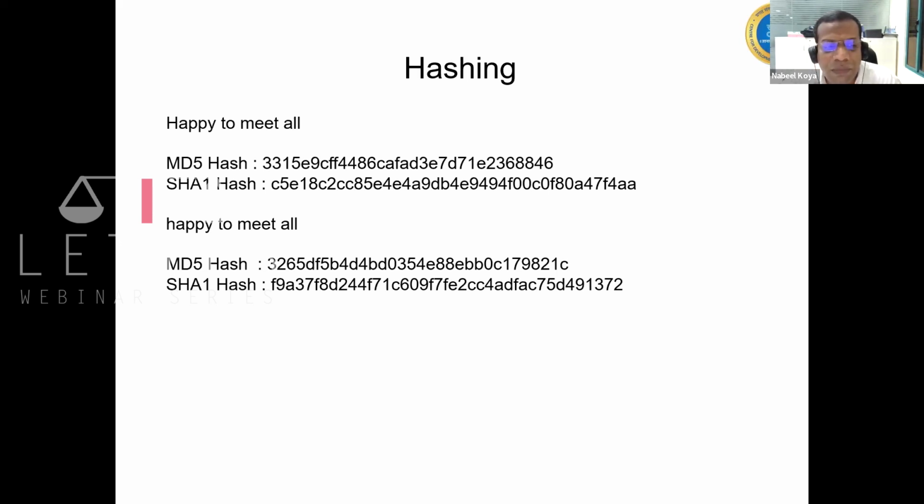Now, you can make a claim that the investigator made the first statement, "Happy to meet all," then tampered with it to a small h, and then if he goes back to capital H, will the same hash value be created? But what I am talking about is just four words.